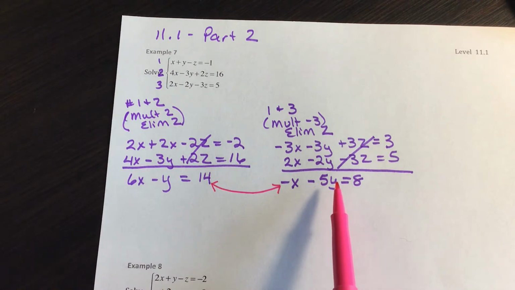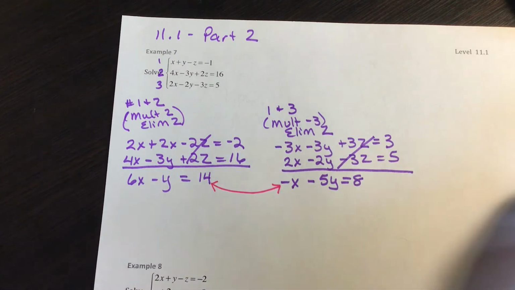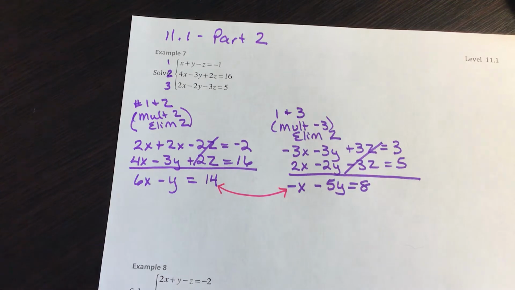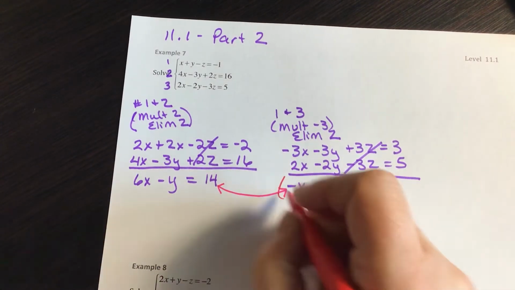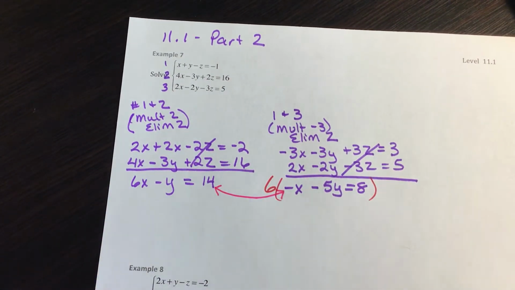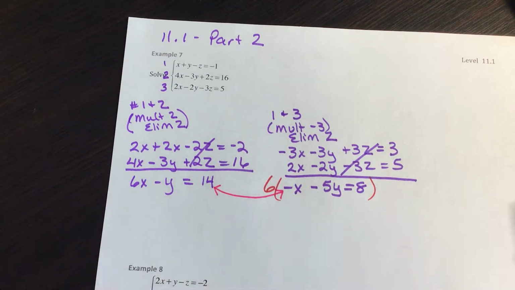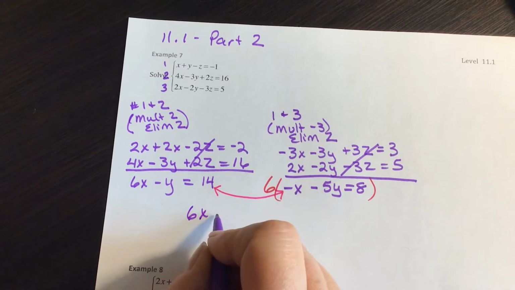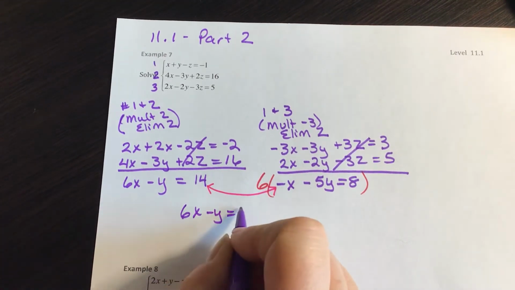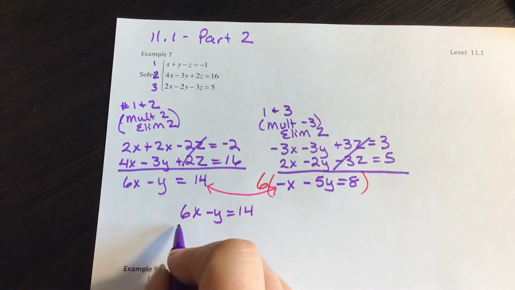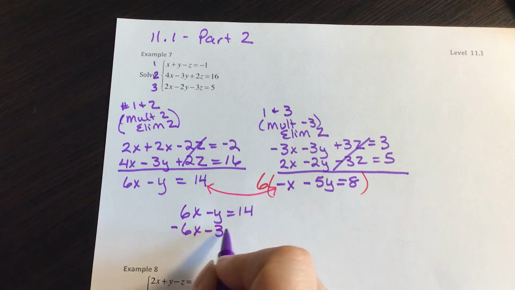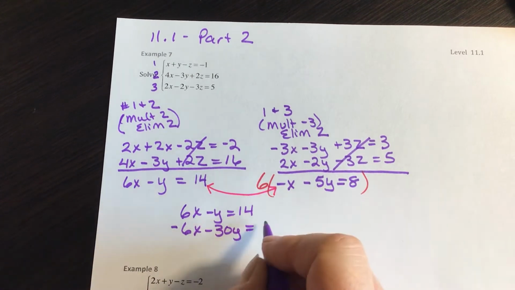So I am going to multiply this sentence by 6. So if I rewrite both of those sentences, the first sentence stays the same: 6x minus y is 14. The second sentence becomes negative 6x minus 30y is 48.